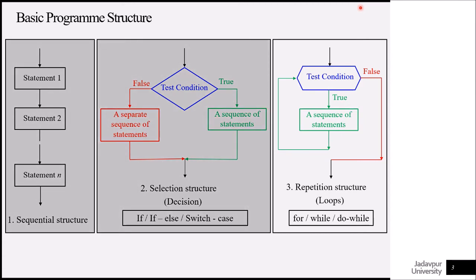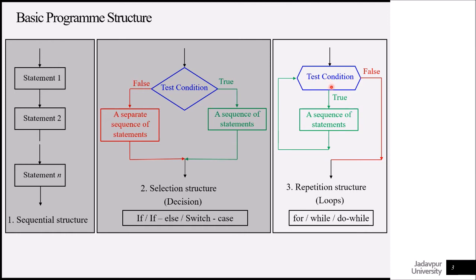Now we come to the repetition structure. Here, based on the answer to the test condition, a block of codes may be executed multiple times. If the answer to the test condition is true, then the sequence of statements is executed and control returns to the test condition again, which is evaluated again.